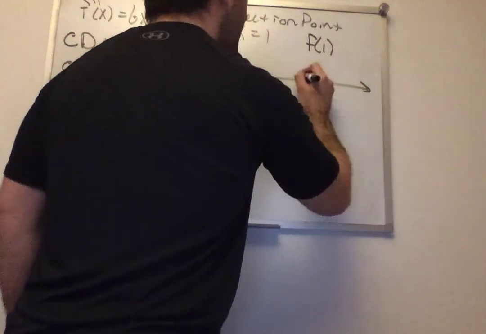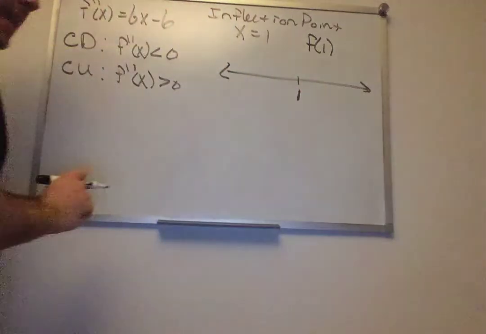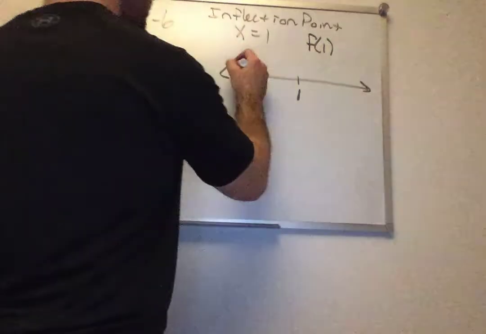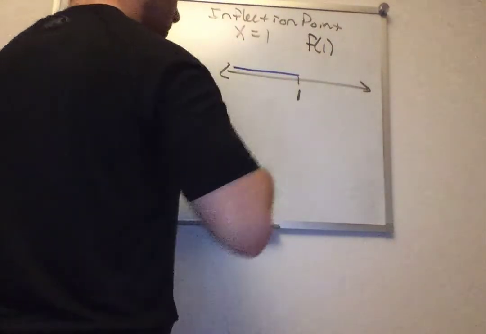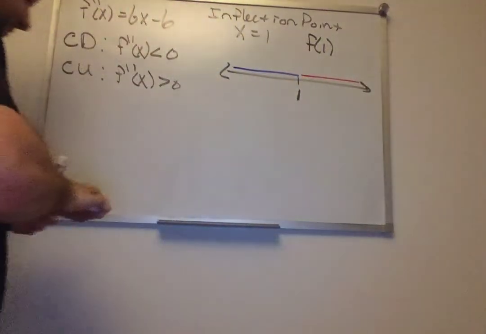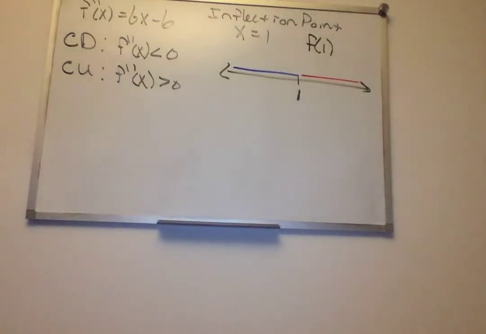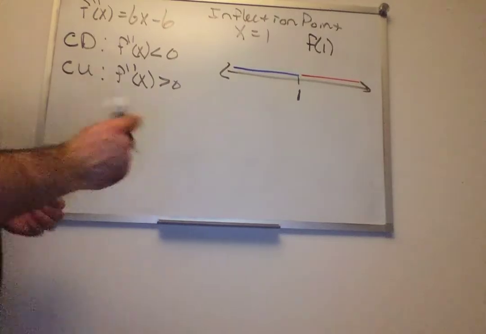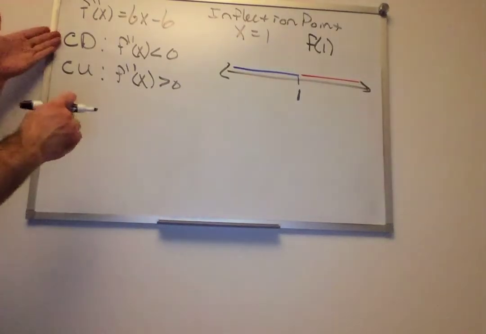We're going to put the inflection point on a number line, and now the number line is split into two intervals. There's that blue interval, here's the red interval. We're going to pick test values from each interval.